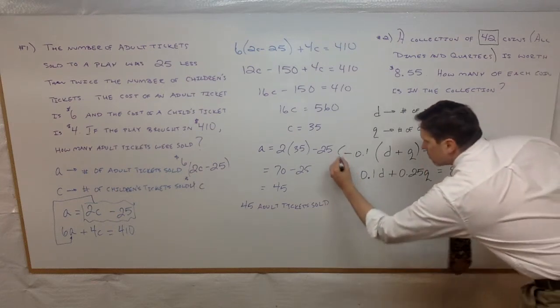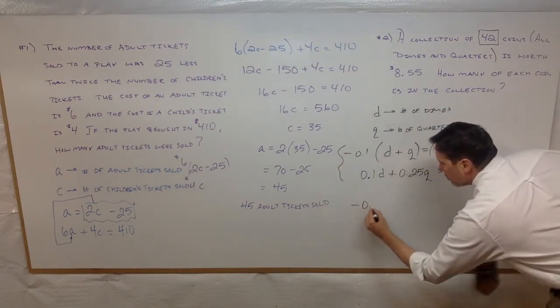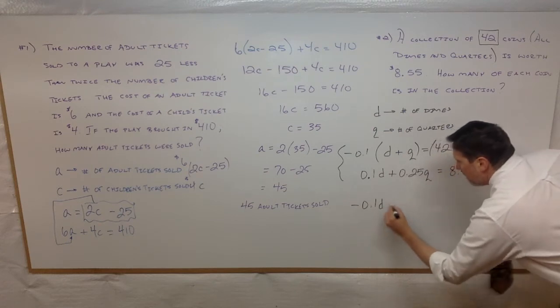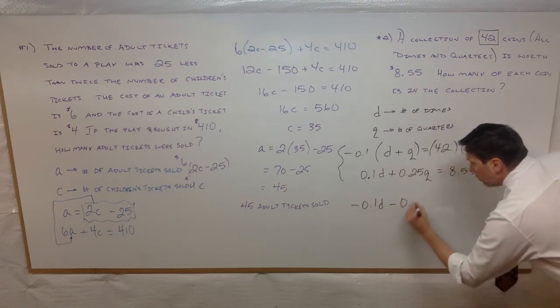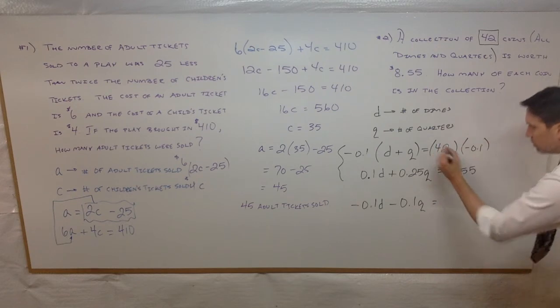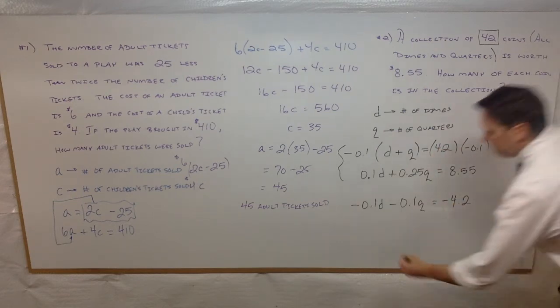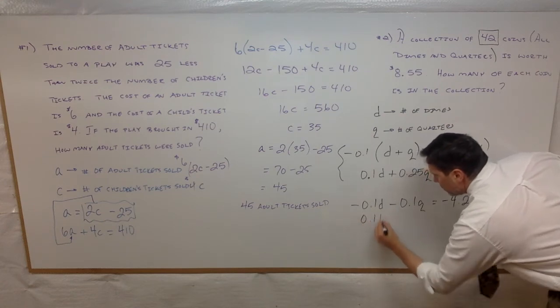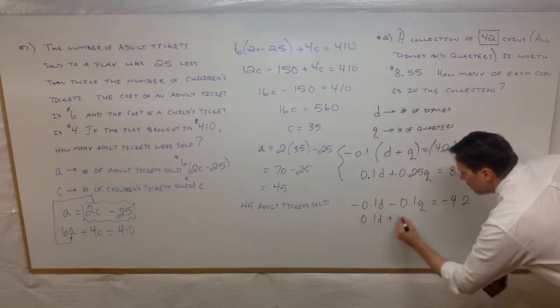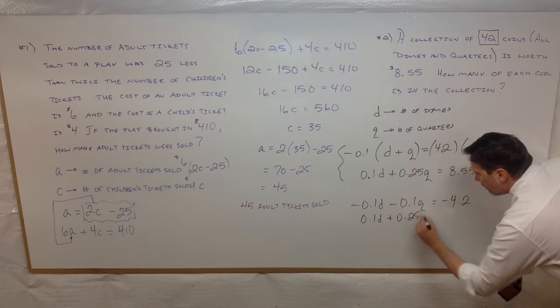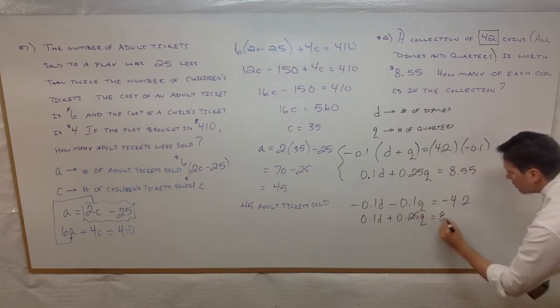So let's group these together. I get negative 0.1 D minus 0.1 Q equals negative 4.2. It's easy to multiply by 0.1. Okay, and then 0.1 D plus 0.25 Q equals 8.55.